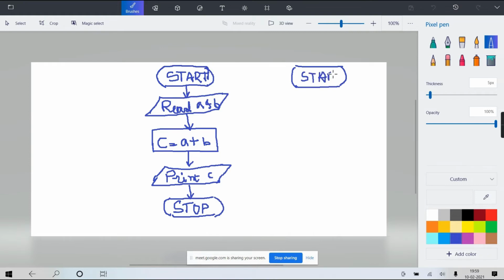Start, then we have to accept three numbers, that is three sides of the triangle. So read A, B and C. Okay, this is done.